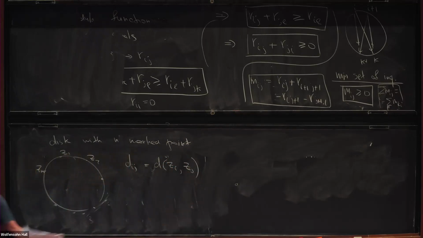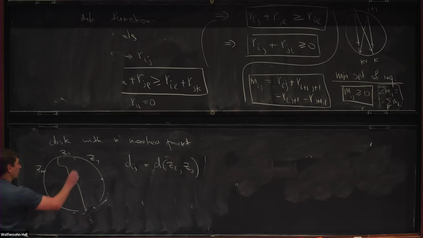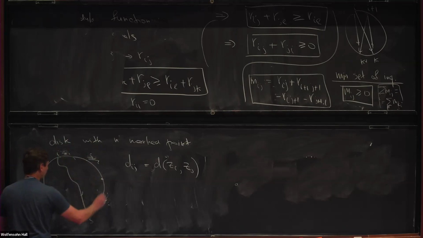So this distance satisfies the triangle inequality. But actually, it satisfies a little bit more than that. Imagine that you calculate this distance, and you can find a geodesic from i to j. Suppose you have i, j, k, l.